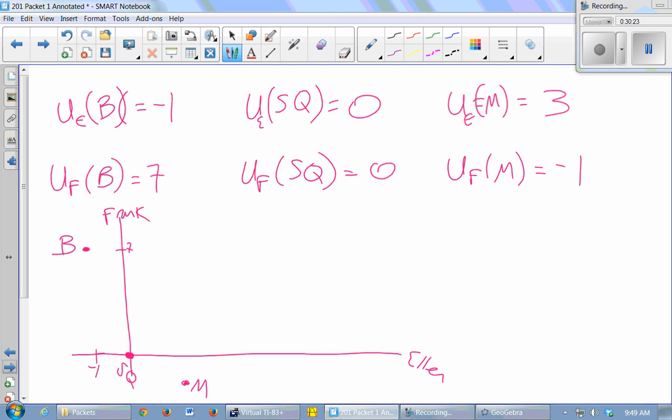So there's our, this is called the payoff polygon when you connect these. Payoff polygon. So when you assign a lottery to the different utilities, to the different outcomes, we get some point on the polygon. So for 2A, lottery 1, we're assigning the status quo a probability of 1/3 and the mountains a probability of 2/3.